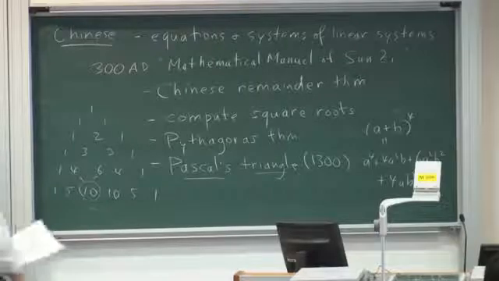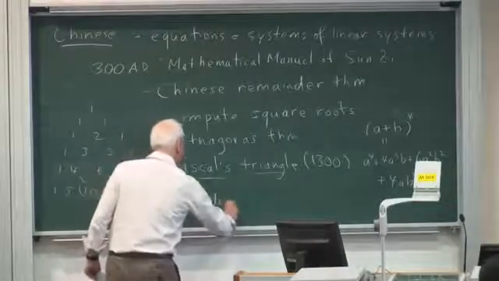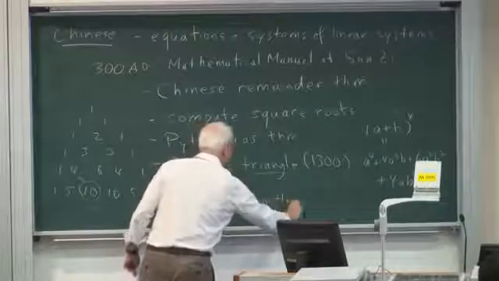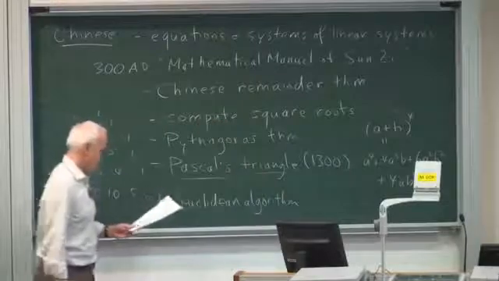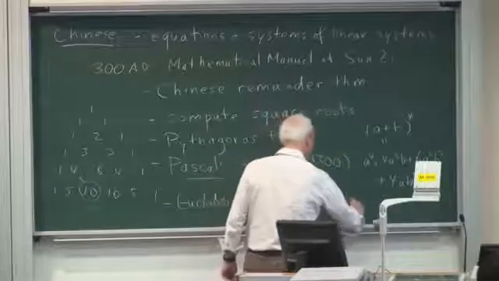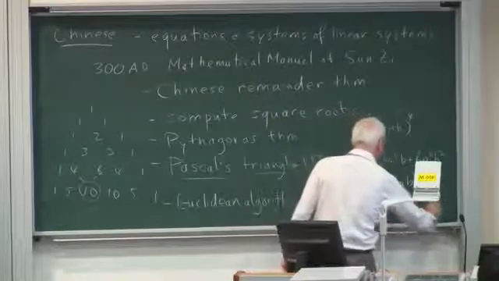The Chinese also knew about the Euclidean algorithm, which is a very important device which we've talked about, and that was in the Han Dynasty, somewhere between 200 BC and 200 AD.